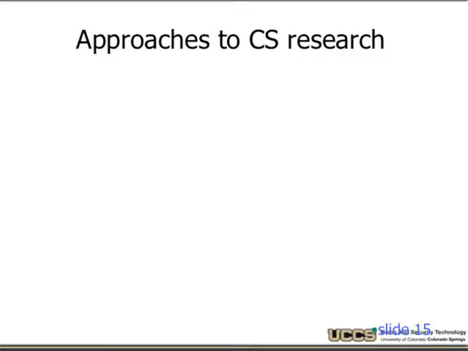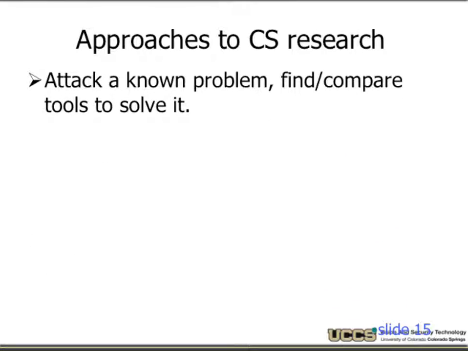So there's a couple of approaches to CS research. Coming back to the more common approach, you attack a known problem, you find and compare tools to solve it. And your goal is to find, compare, or develop tools that allow you to solve the problem better than anyone else has solved it before in some way.